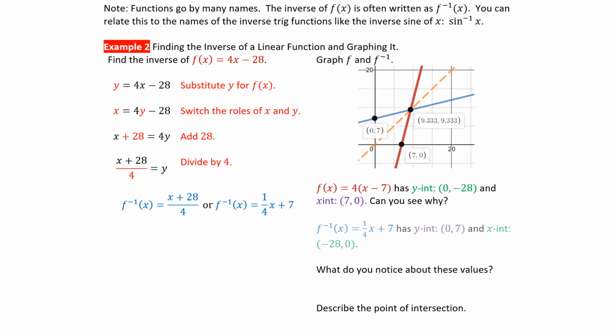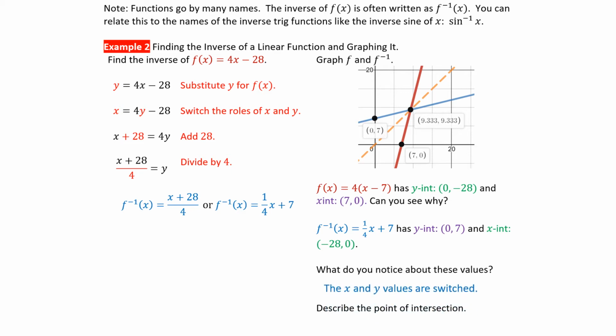When we look to the inverse function, we can see that there is a y-intercept of (0, 7). That's clearly on the graph. And you can take my word that there is an x-intercept at (-28, 0). You can also plug in -28 for x, divide it by 4 and add 7, and see that you will come out with 0 as an answer.